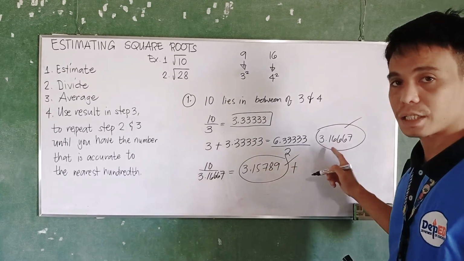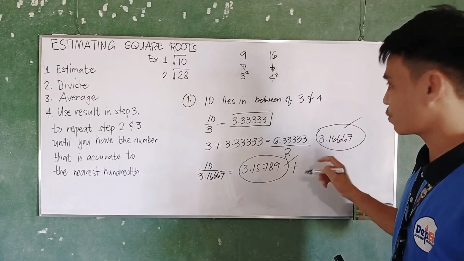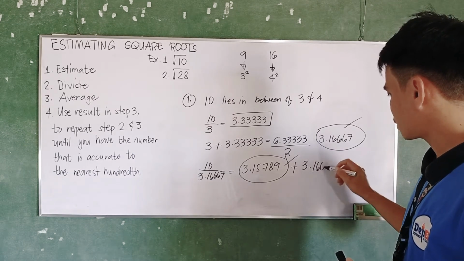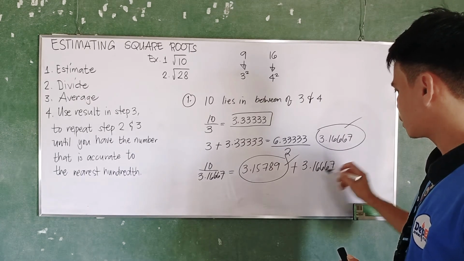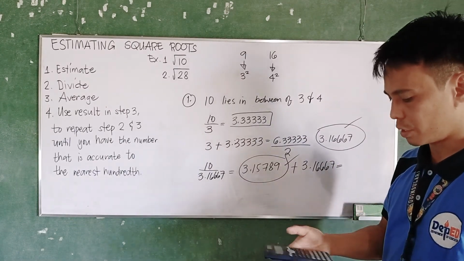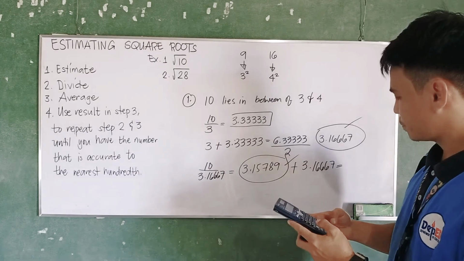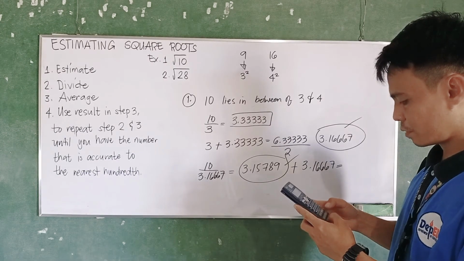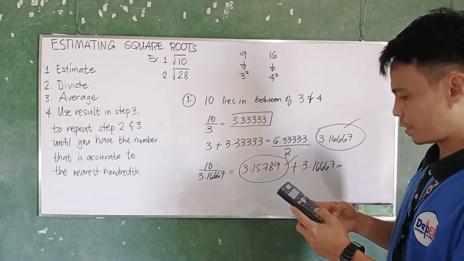So therefore, this is 3.15789. I-add natin yung unang computed value natin, which is average also, 3.16667. So therefore, added, this is plus 3.16667.